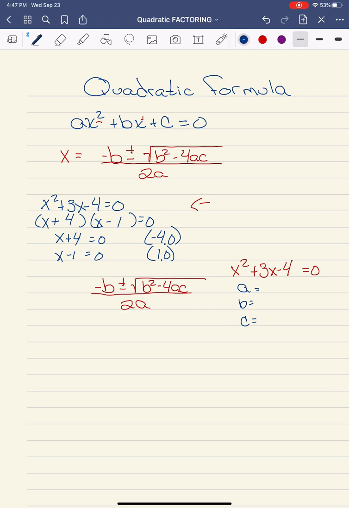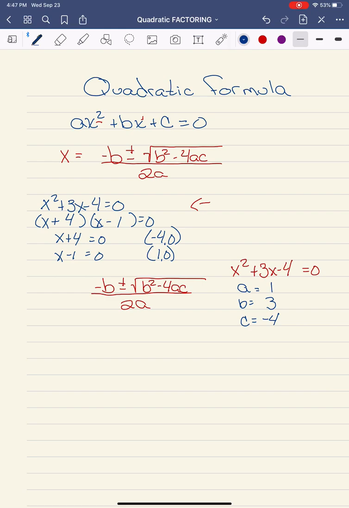Remember to take the integer sign with you. So my a is 1, my b is 3, and my c is negative 4.